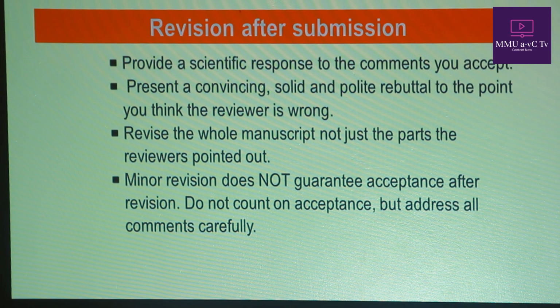Now you provide a scientific response to the comments you accepted. You present a convincing, solid and polite rebuttal to the point you think the reviewer is wrong. You revise the whole manuscript, not just the parts the reviewers pointed out.